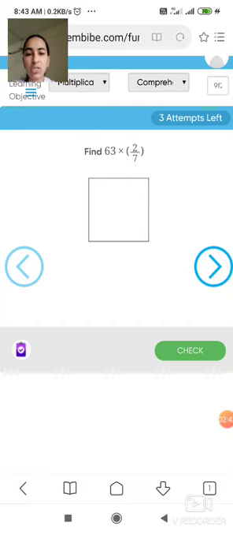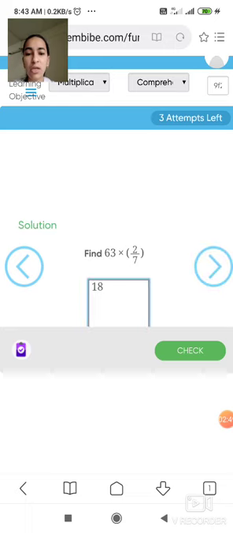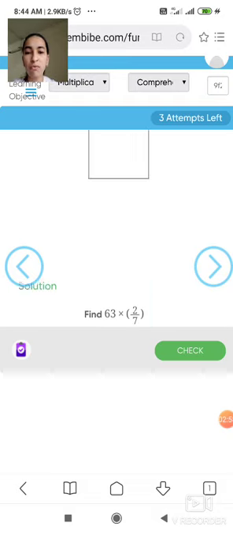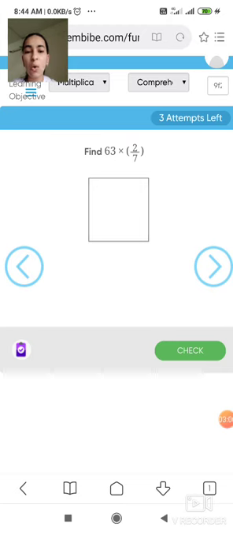So 7 ones are 7, 7 nines are 63, and 9 twos are 18. So the answer will be 18. Okay, students, understand this question, how to multiply? The question is for multiplication of a fraction by a whole number.